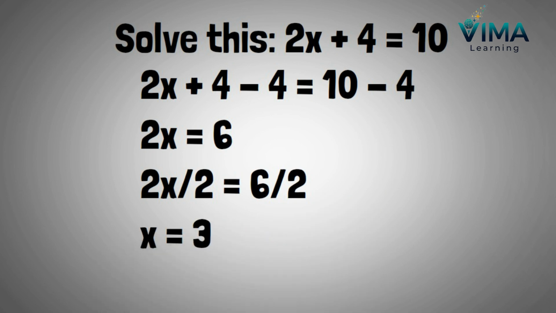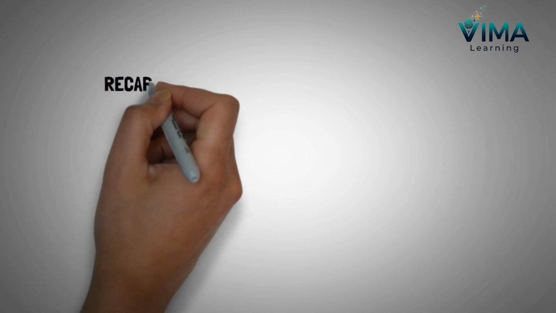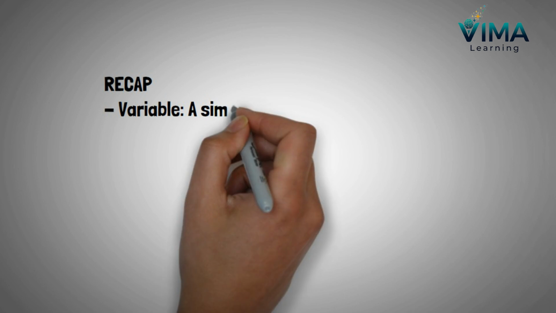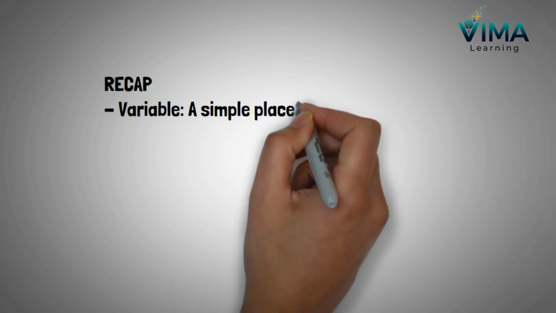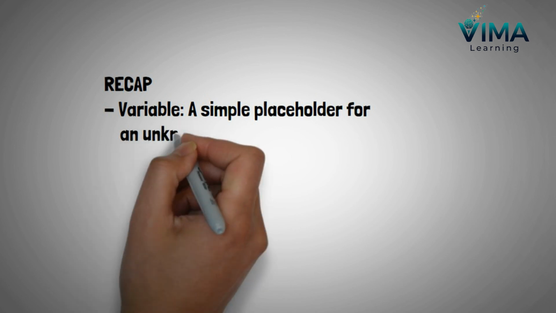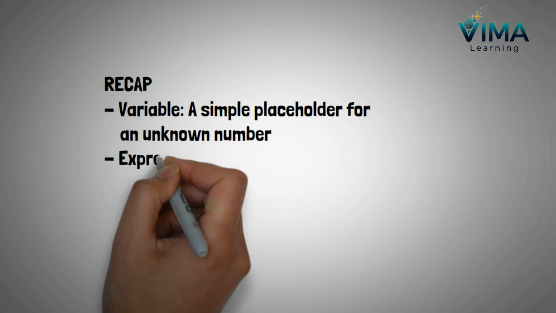So this is the basic understanding to start your lesson on algebra. Understanding what a variable is. As we discussed in the lesson, a variable is a simple placeholder for a number we don't know yet.